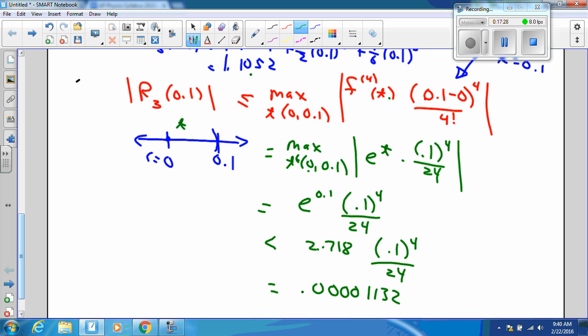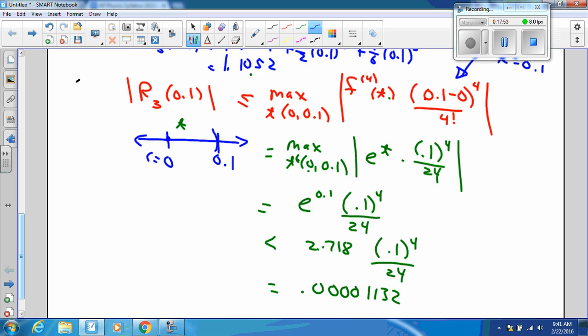Yes? Can you explain again why you went to the e to the 0.1? Yeah. Oh, yes. Okay, good. So this is an example of Charlie's question. Our original question as posed basically asks us to pretend that the e to the x button on our calculator is broken.